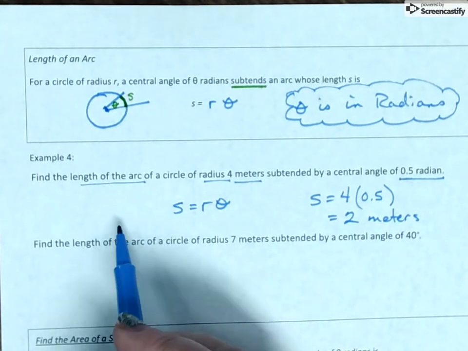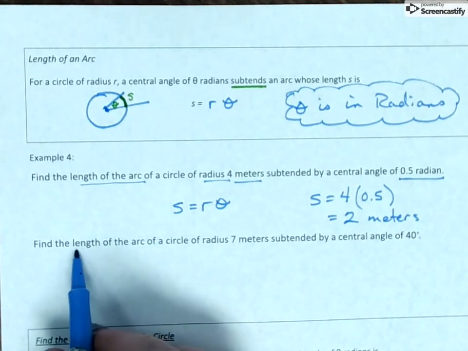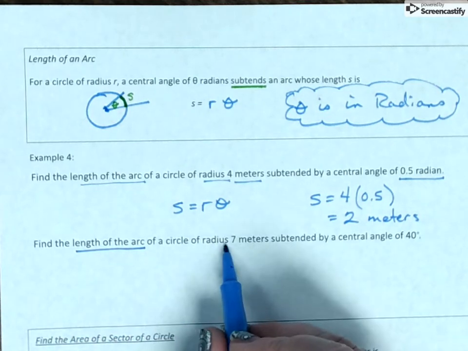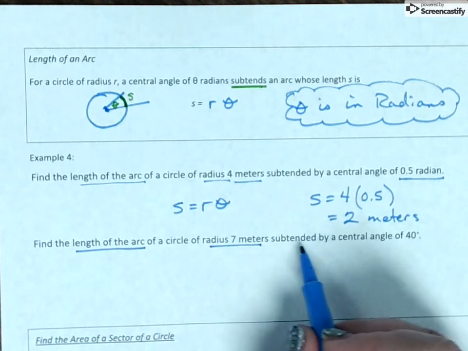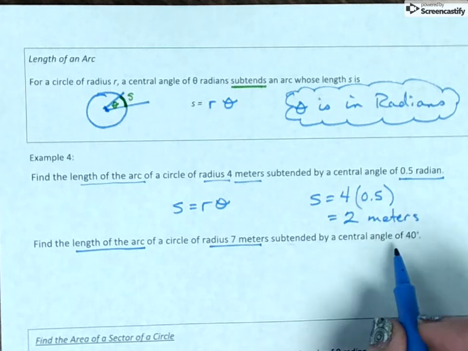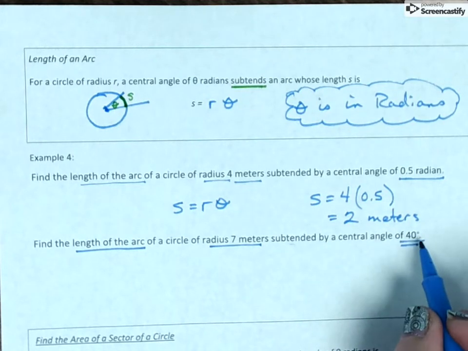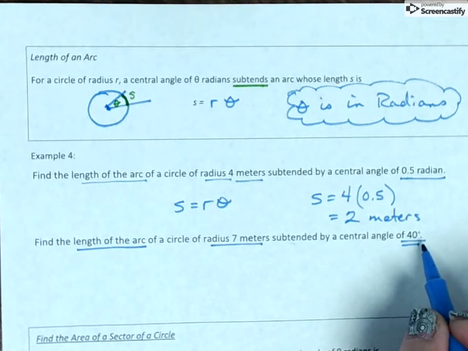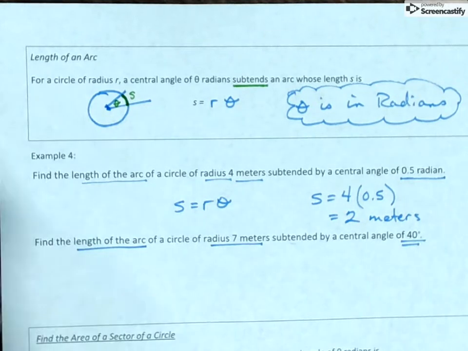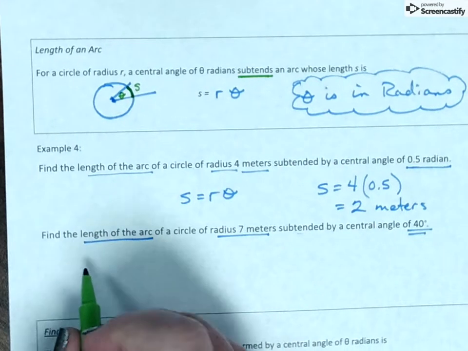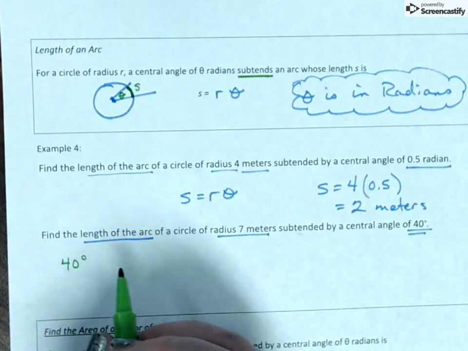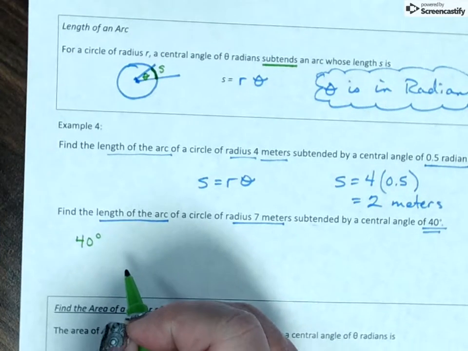Now this next example problem says same thing, find the length of the arc of a circle with a radius of 7 meters. Subtended, of course, means cut off by a central angle of 40 degrees. Now the problem with this one is 40 degrees is not in the correct unit of measure. So before we can even get started, we have to come over here on the side and convert 40 degrees to radians.